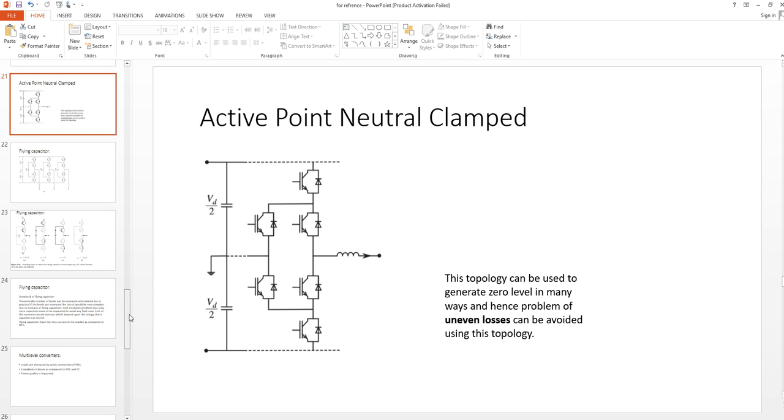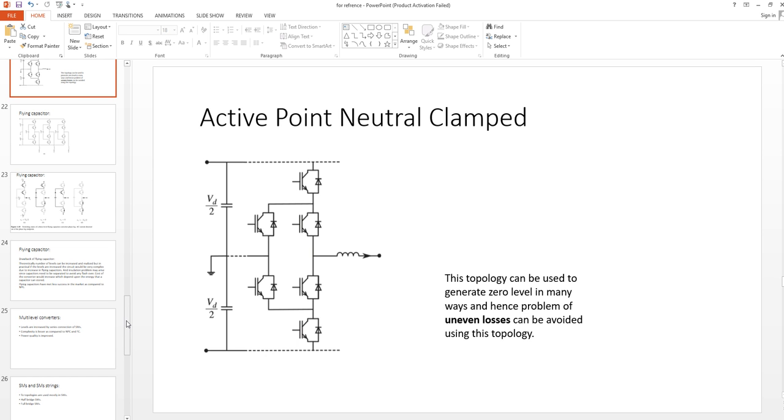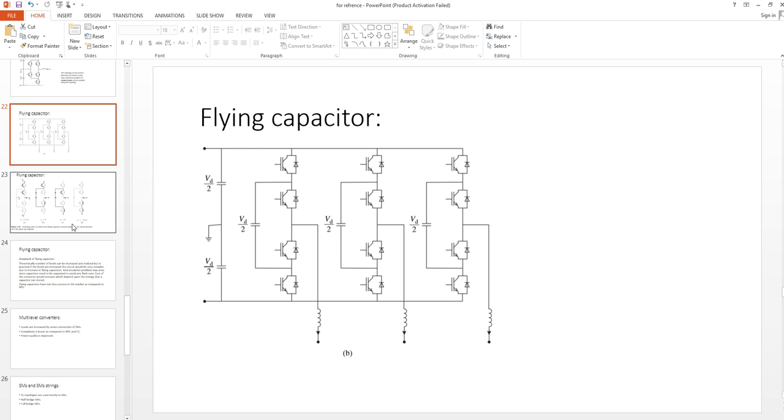Okay, now let us come to the next topology, that is basically called a flying capacitor converter. In this type of converter, we have connected a capacitor here.